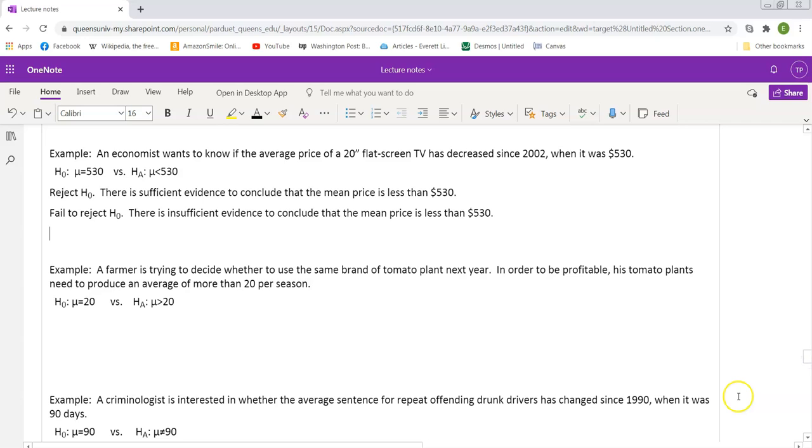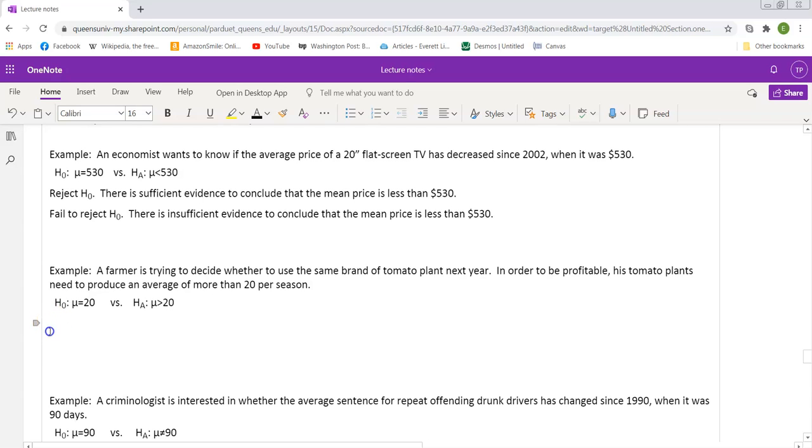Our second example, we said a farmer trying to decide whether to use the same brand of tomato plant. We had a null hypothesis of mu equals 20, an alternative hypothesis of mu greater than 20. Our first possible conclusion would be if we reject H naught, that tells us that there is sufficient evidence to conclude that mu is greater than 20.